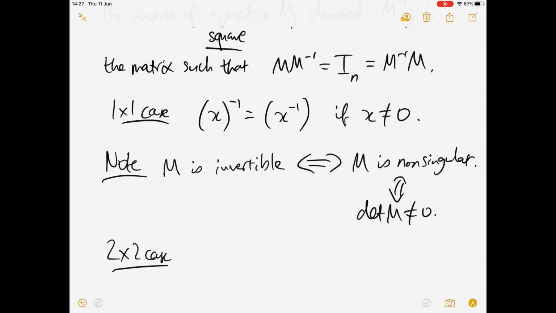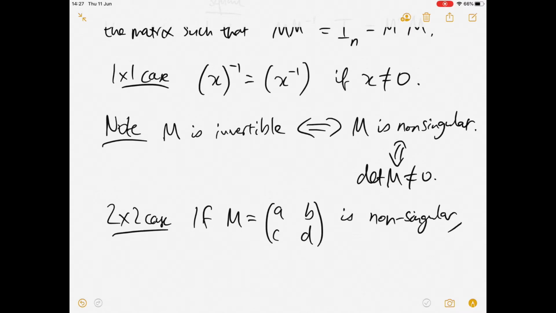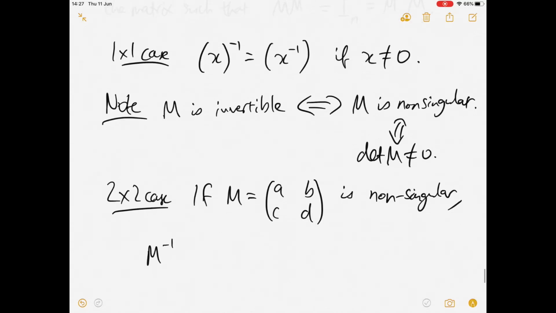Okay, the 2 by 2 case. If M equals (A B; C D) is non-singular, meaning the determinant is non-zero, M inverse is given by the formula 1 over det M, times the matrix where we swap the entries A and D, and we negate the other two entries.